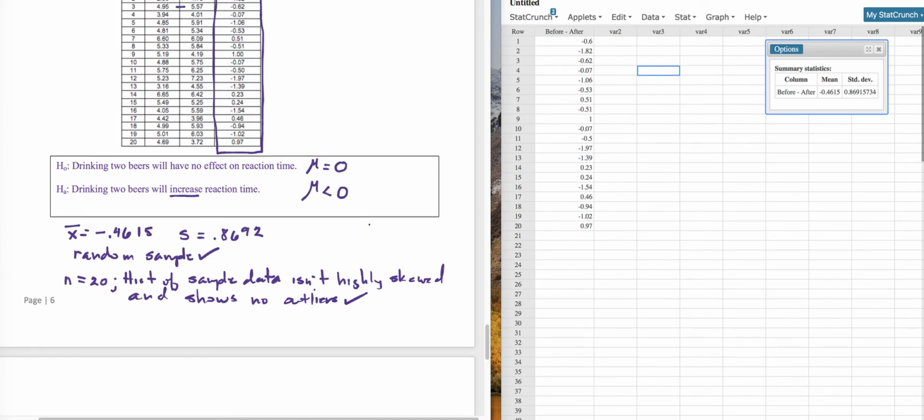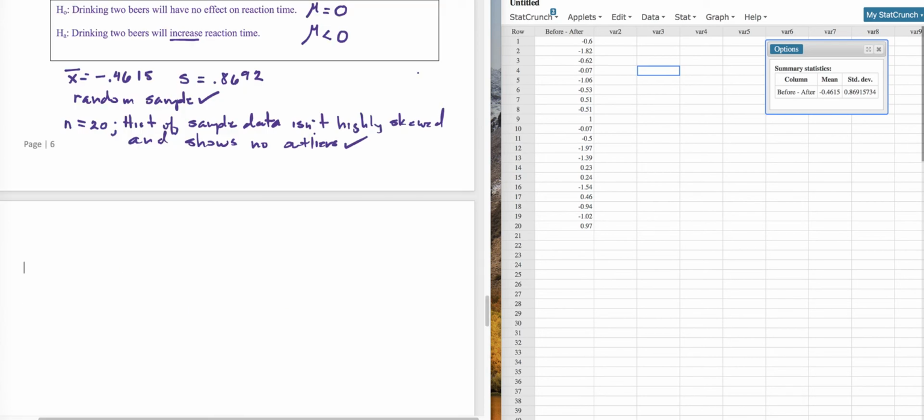Okay, on to step 3. Our sampling distribution is the distribution of all our before minus after times. Those are our x bar values.